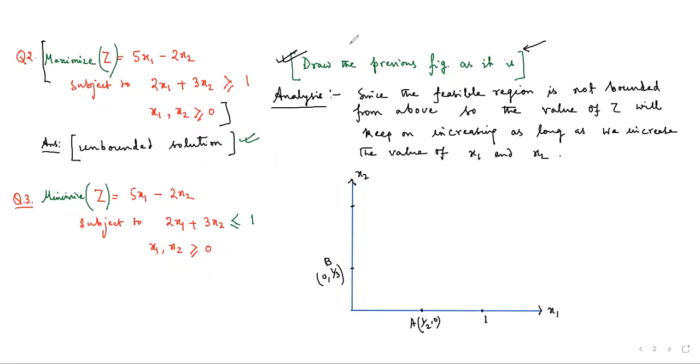Only one straight line will be there because the number of straight lines has not changed. It is the same. What changes is the inequality.